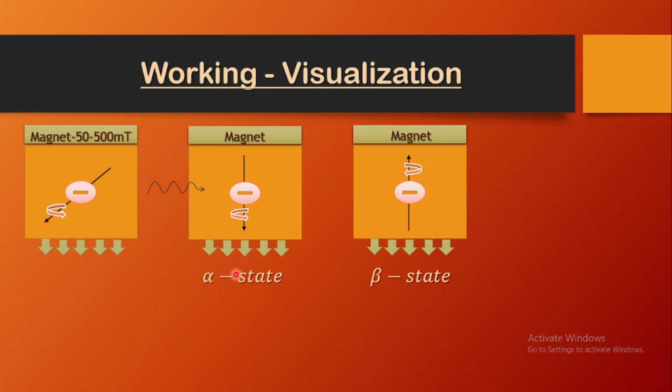And here, when there is a transition or shift from the alpha state to the beta state, we say that absorption of energy is maximum, which is nothing but resonance. So everywhere the magnetic field is involved, that is, the magnetic field due to the electron spin as well as the external magnetic field which is applied.